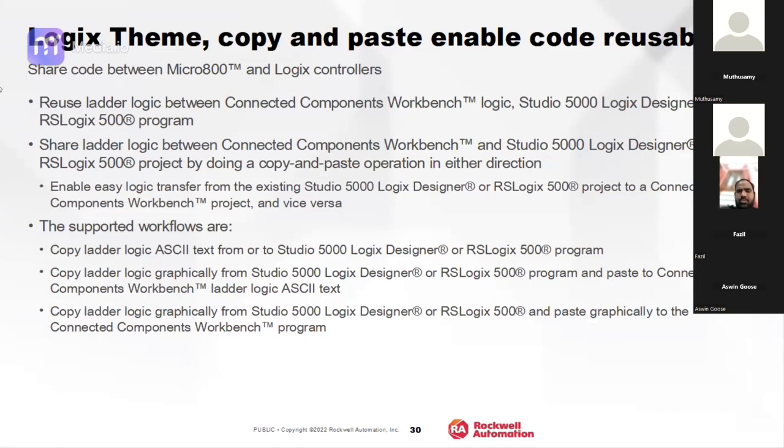You can copy easily from the ladder logics of Studio 5000 and paste it easily. The code can be converted, and you can get it in the CCW. You can copy the ladder program from Studio 5000 easily and convert your program.